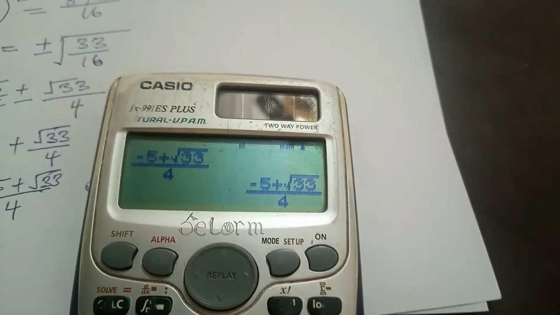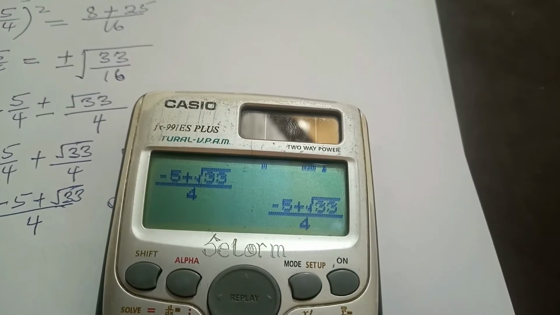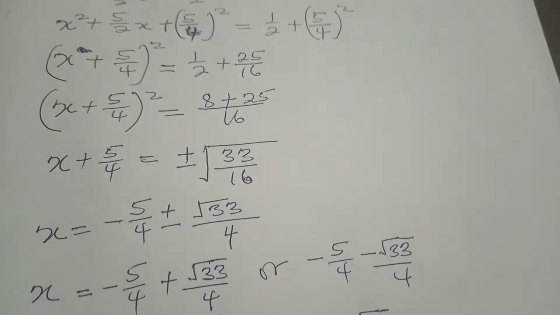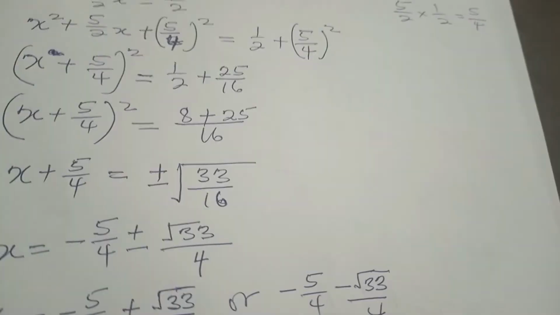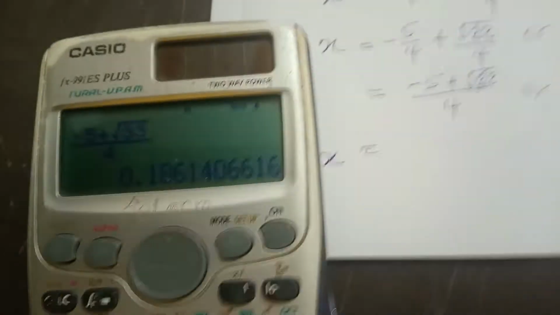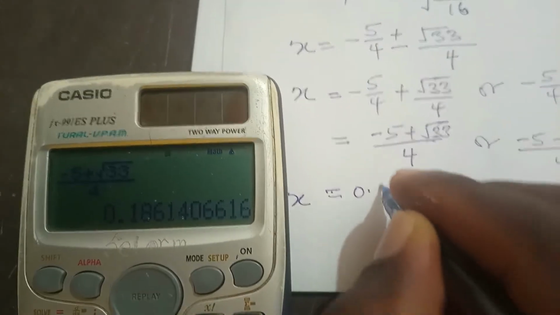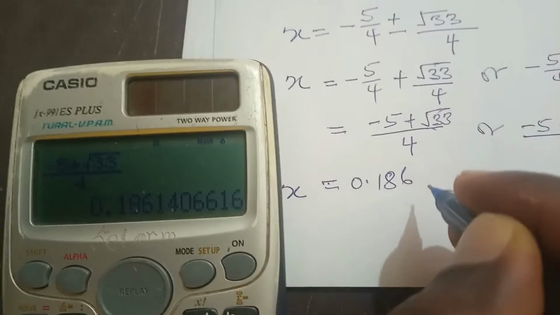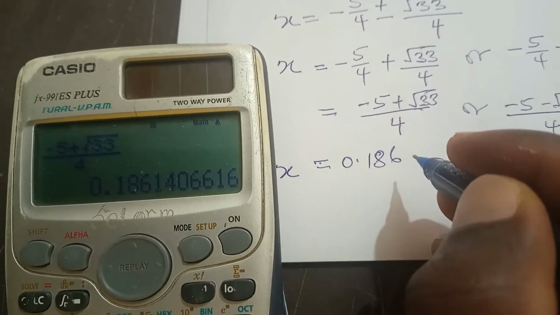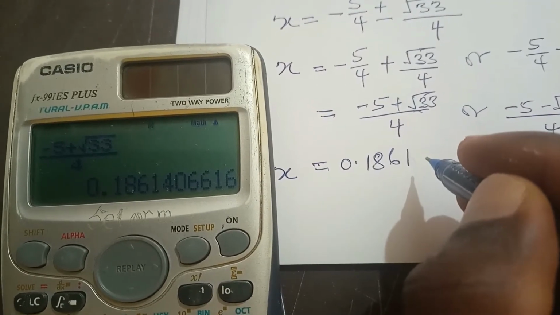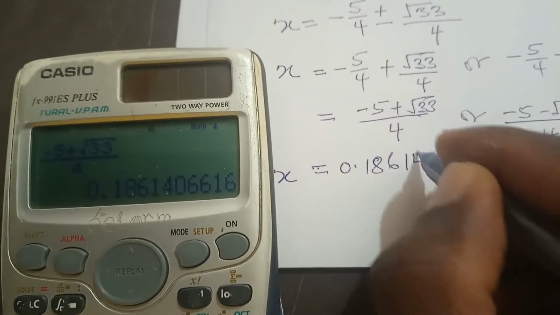We need a decimal, so we press S to D, and that gives us our x to be 0.1861141.